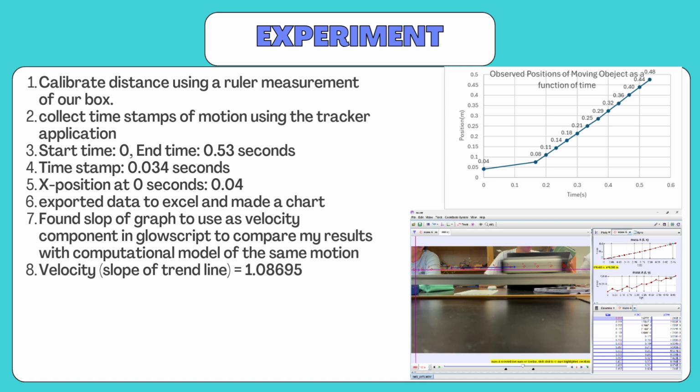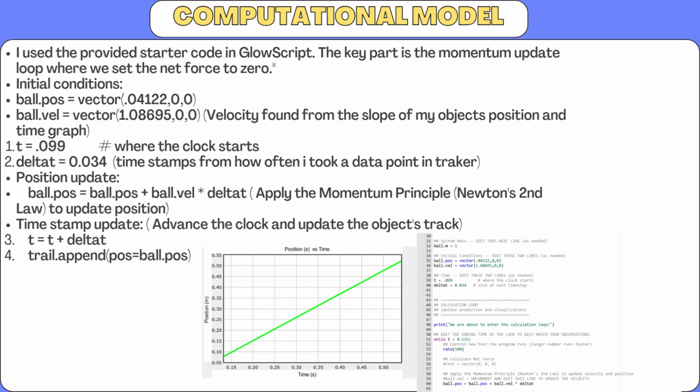Next, we had to test this with a computational model. Using GlowScript, we built a model based on the momentum principle. We used the same initial conditions, the starting position of 0.04 meters at 0 seconds, and measured velocity from our tracker data.